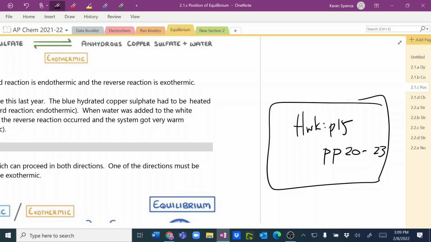So when we heated it, it got darker, which means that my heat term is over here. So what's going to happen is when I increase the temperature, this rate is going to increase. And this rate is also going to increase, but not by as much. So I end up with more NO2 than I do N2O4.